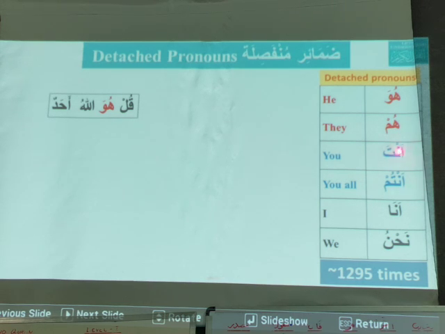And these two, anta, you. It is for second person who is in front of you. Anta is for singular you, antum is you all, for plural. Then there is ana. Ana means I. It is for first person. And nahnu, we, for more than two.